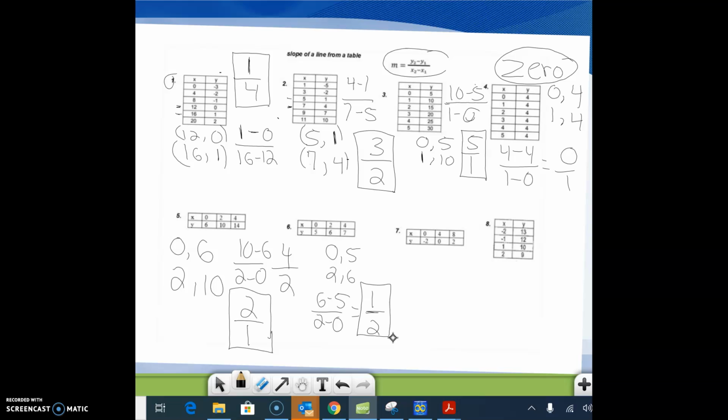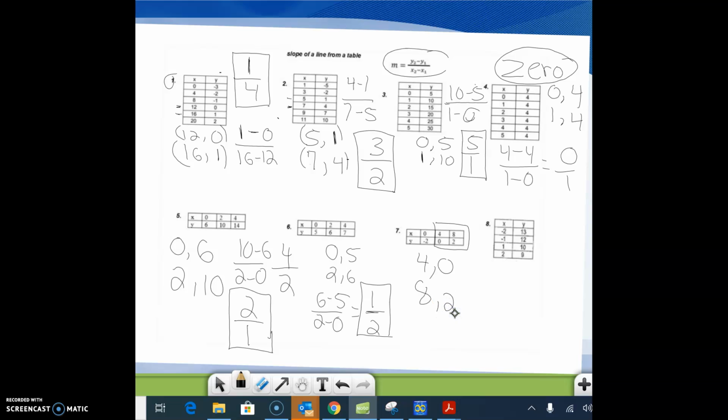All right, number 7, negative alert, negative alert. Let's not choose the first one. So I'm going to choose the next 2. Okay, I'm going to use these 2 ordered pairs. All right, x1 is 4, y1 is 0, x2 is 8, y2 is 2.